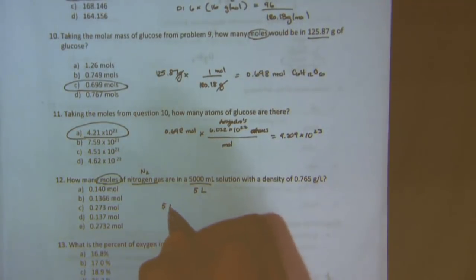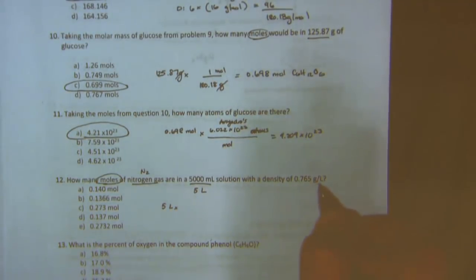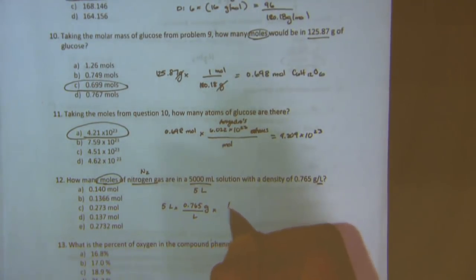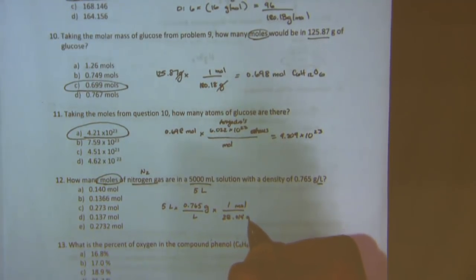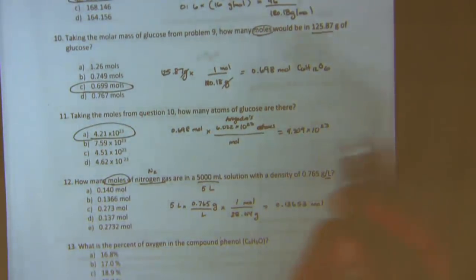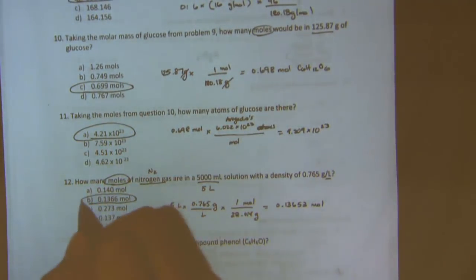So we start off with 5 liters, and we multiply by the density because that's what's given to us. So 0.765 grams per liter times 1 mole over 28.104 grams, and this would give us a final answer of 0.13653 moles. And this would correspond best with option B.